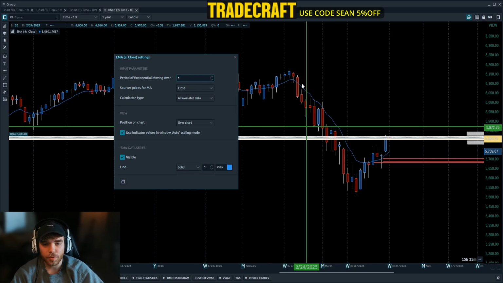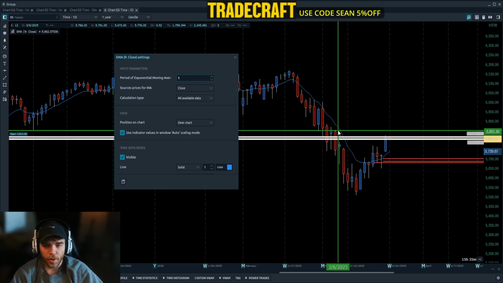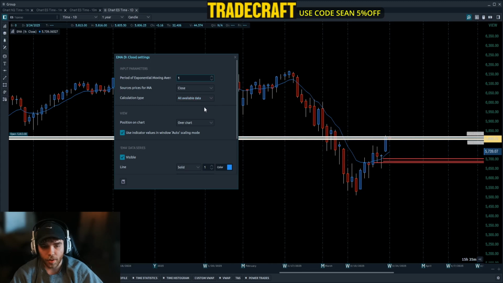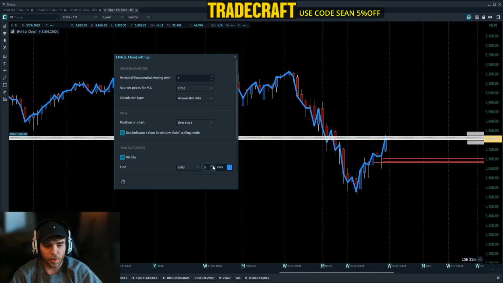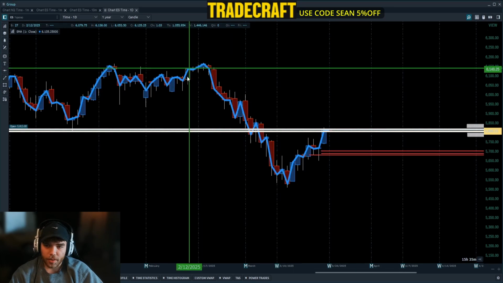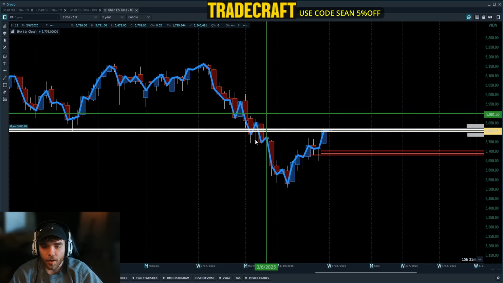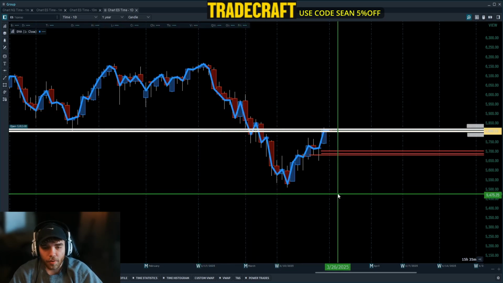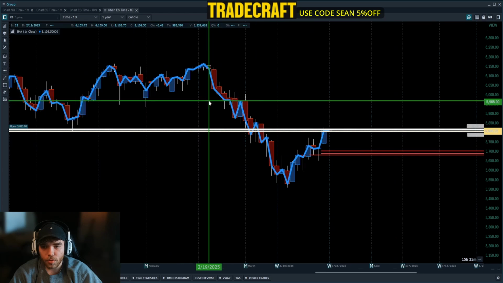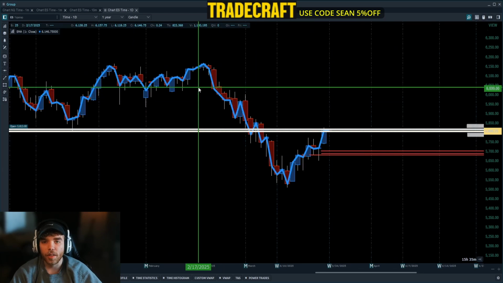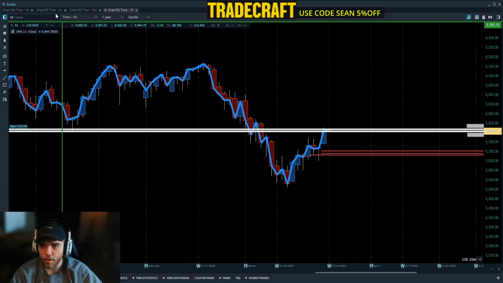So every single day this moving average calculates the average price from the open and the close of the candle. So we look at this moving average, and I'll make it thicker. You can see it's not really giving us any information whatsoever. You can't really derive any information off of this because it's too zoomed in. The time frame is too high to gain any information off of this chart here.